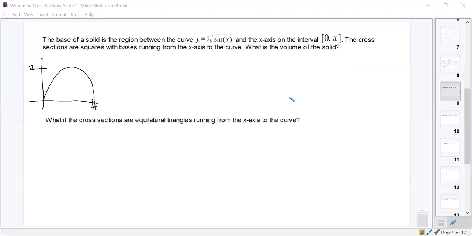And coming out of that, straight out of the screen towards you, is a bunch of squares. If I were to slice this vertically and open it up, what I would see would be a cross section that's a square. And so I'm going to draw a bunch of little squares in here that are theoretically popping straight out of the screen towards you.